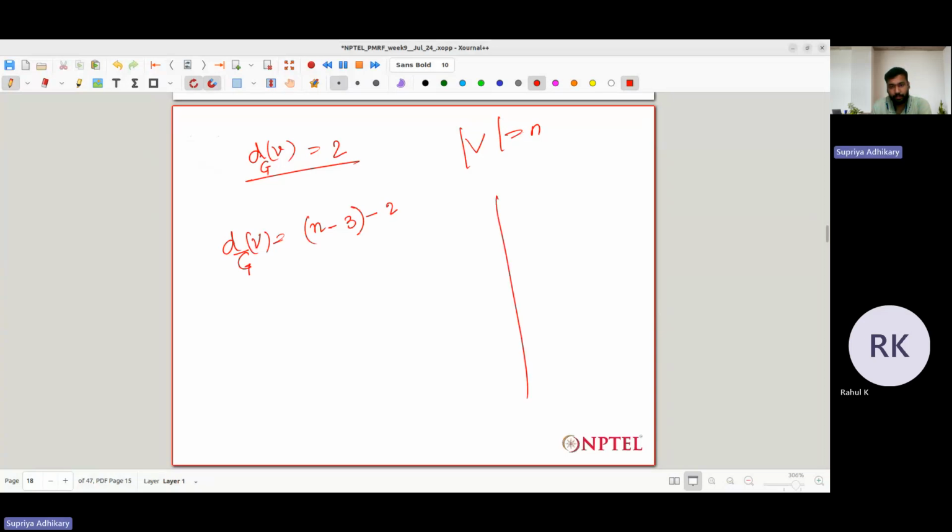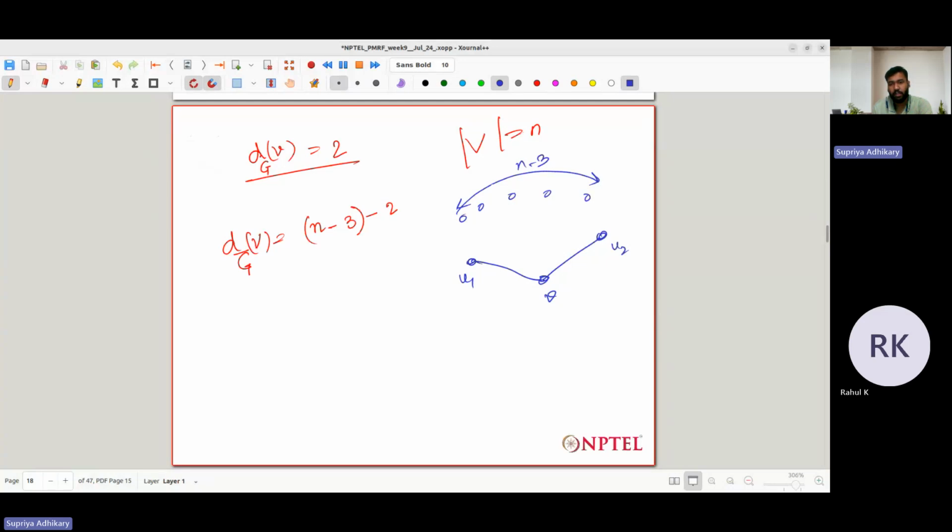Why? Because in a cycle, we have it like this. If this is V, then V is connected to 2 other vertices, let's say U1 and U2. And there are n minus 3 vertices that it is not connected to, because the total number of vertices is n, and 3 vertices are already here.